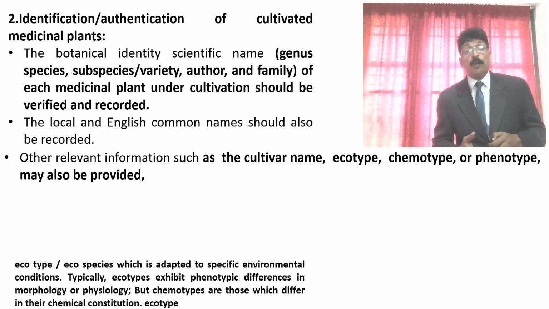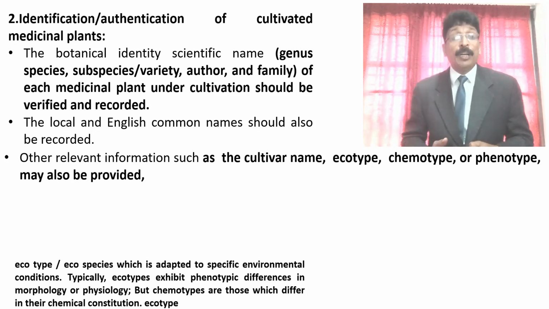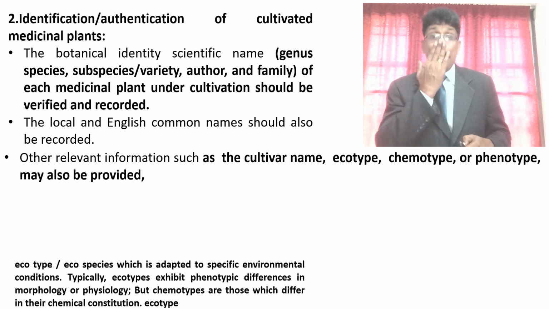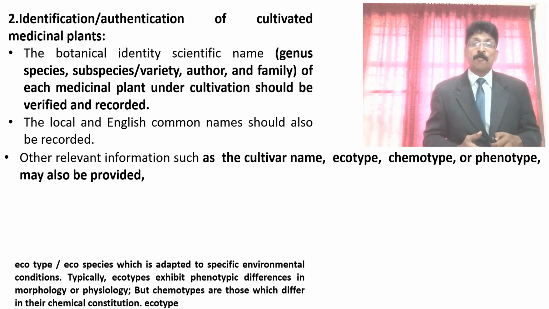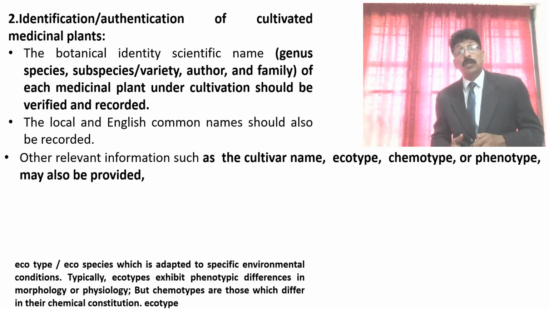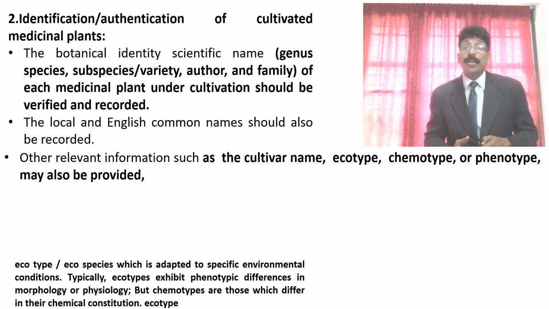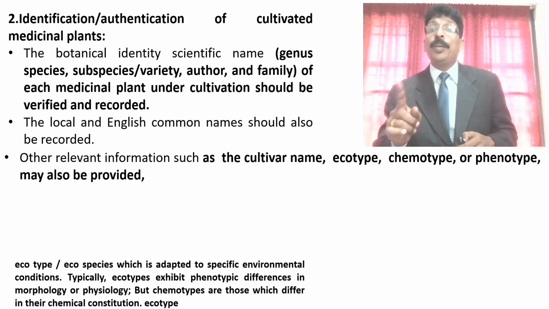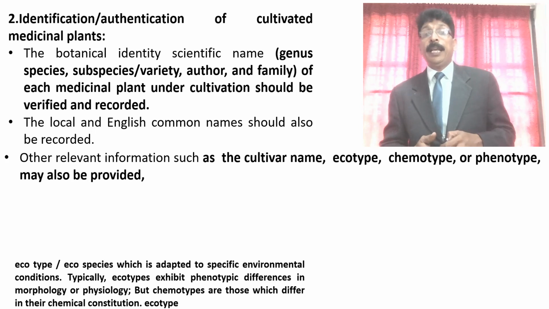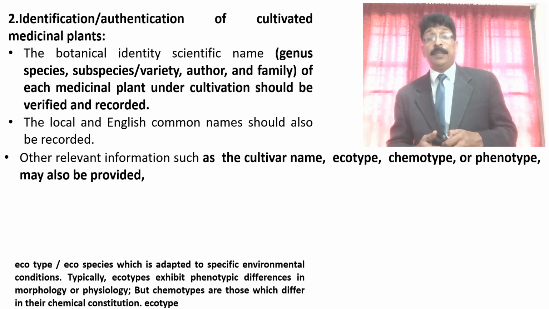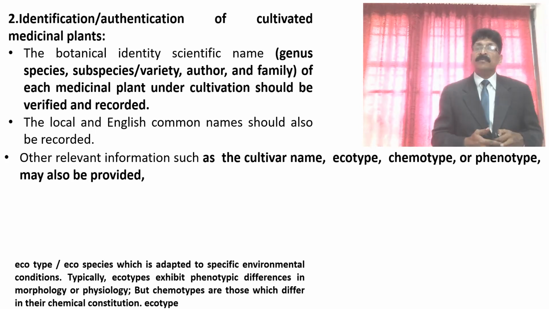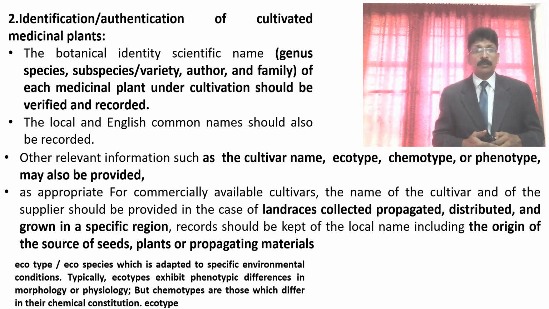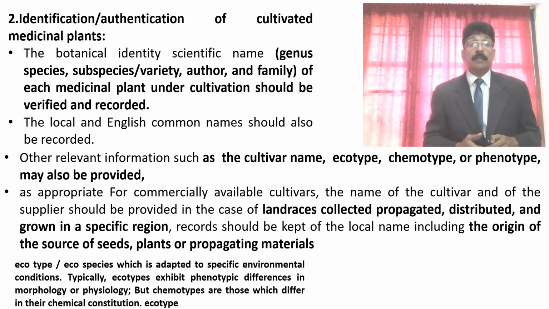Ecotypes exhibit differences in morphological and physiological characters, but chemotypes are those which differ in their chemical constituents. That is why it is called chemotype. So chemotype, ecotype and phenotype should all be specified and provided for identification and authentication before cultivating medicinal plants.